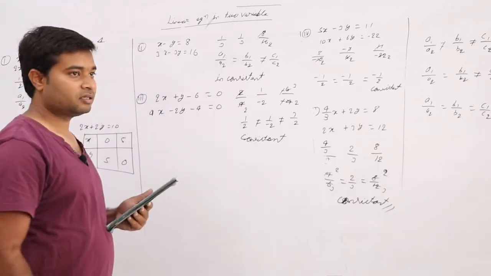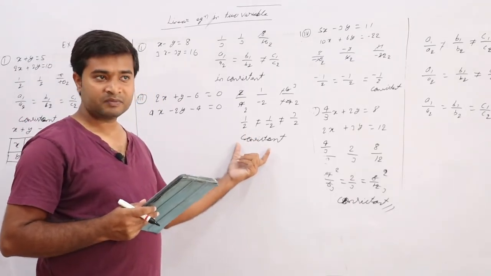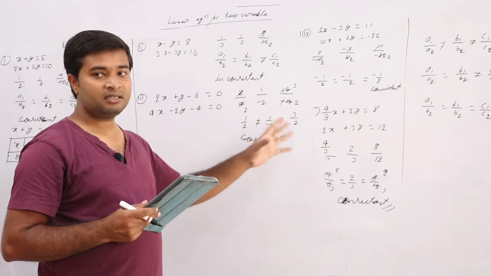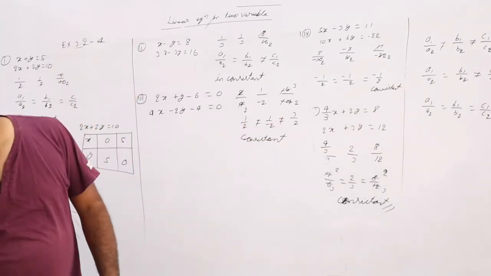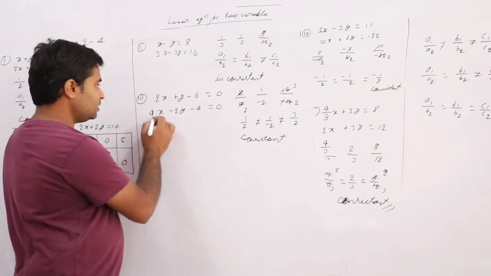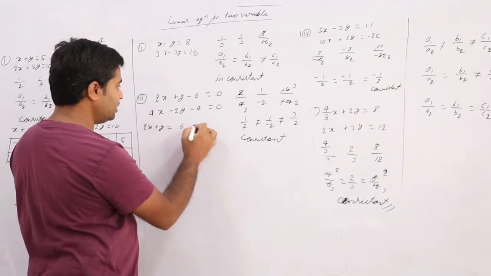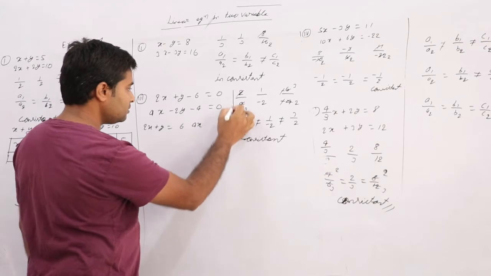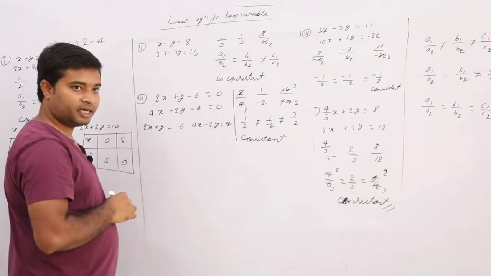The solution is consistent. If it is consistent, we should find the value graphically. Yes or no? So find the value: 2x plus y is equal to 6 and 4x minus 2y is equal to 4. Right?